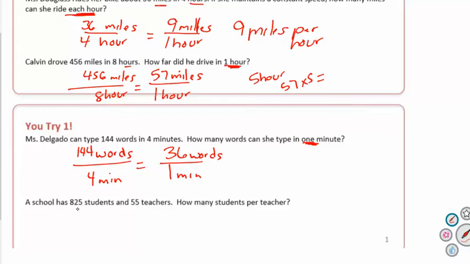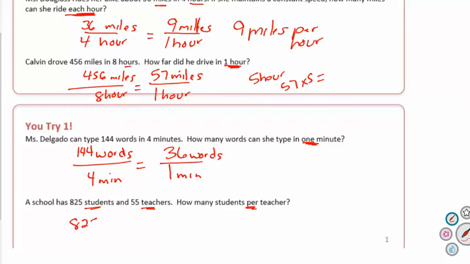A school has 825 students and there's 55 teachers. The question is how many students per teacher? That word per kind of indicates that we are looking at one teacher. So let's set up my ratio. I want teachers on bottom because I want to figure out how much per one teacher.